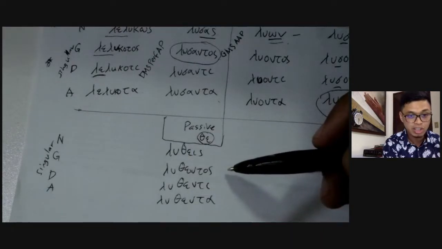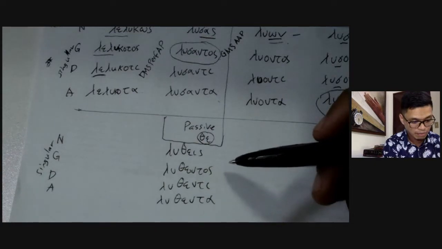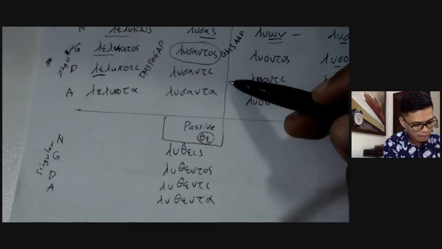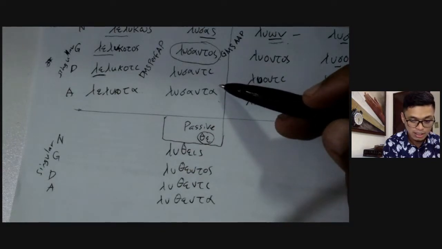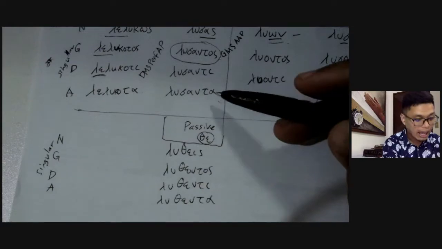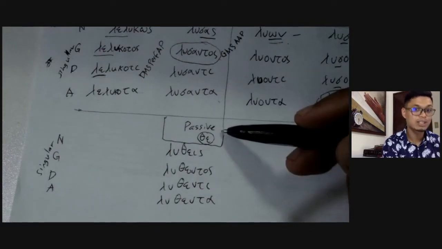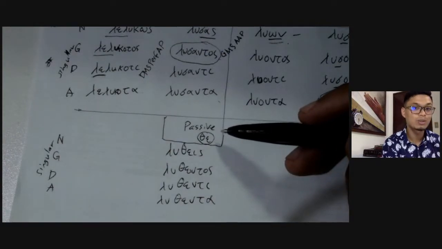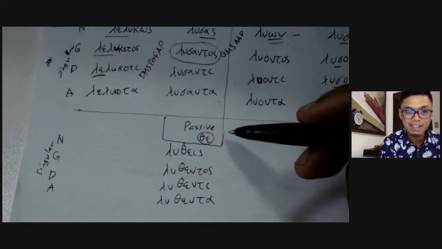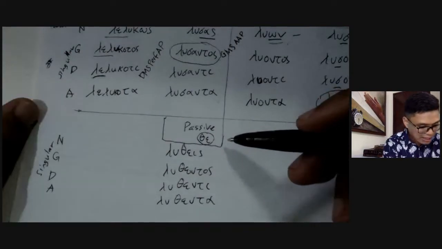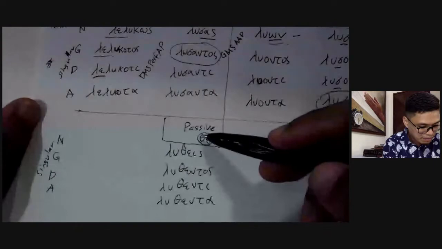But the aorist has three voices: the active, the middle, and the passive. Why is that important? It's because the aorist passive also uses the minimum 6A endings. The passive looks like, it's not the same, it just looks like an active participle.